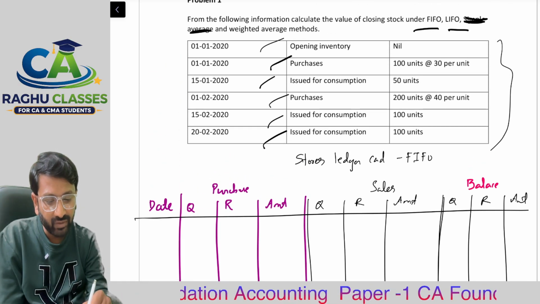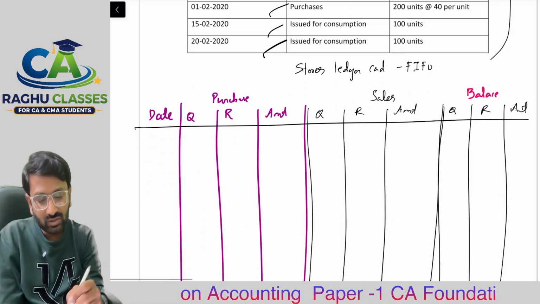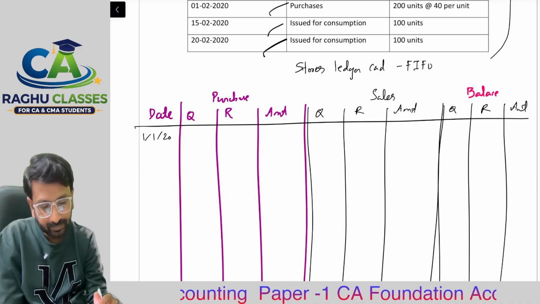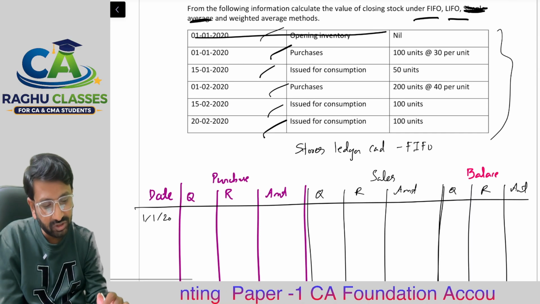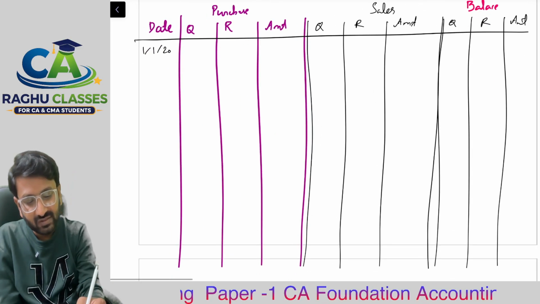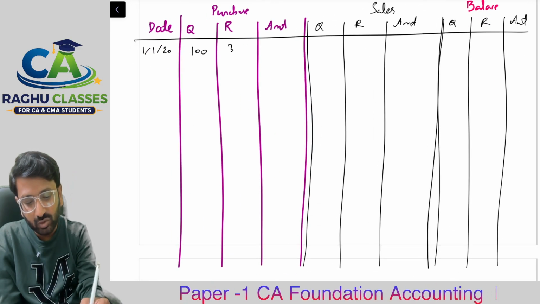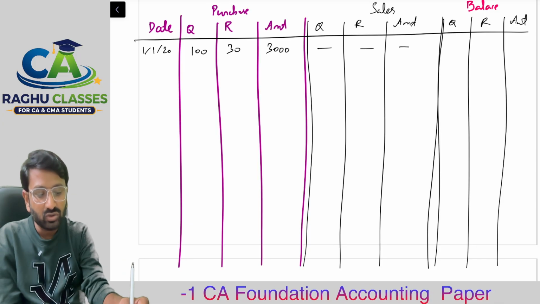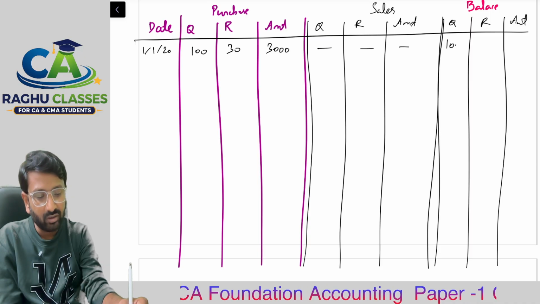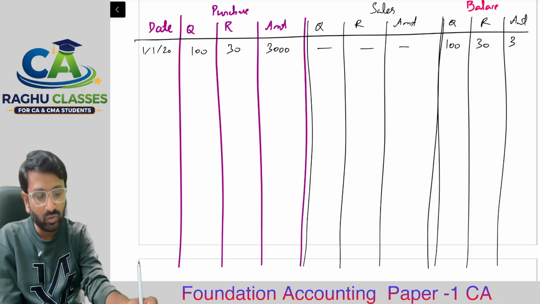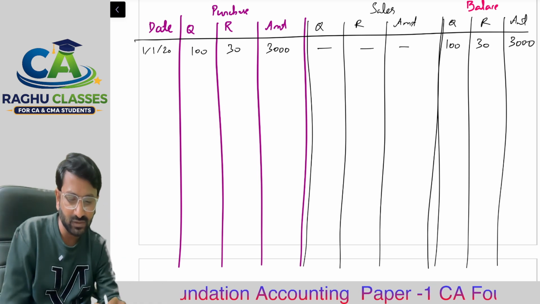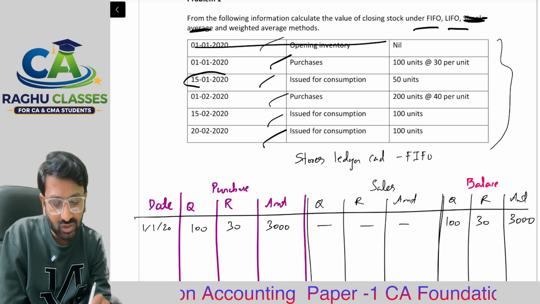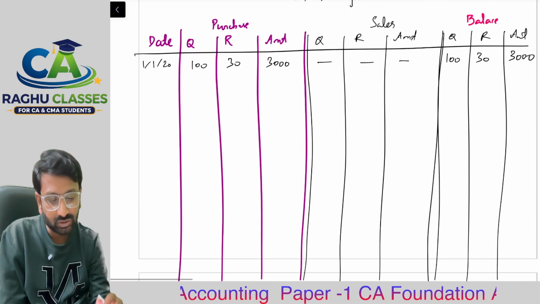Opening stock, we don't have it. Then on 1st of January, there is a purchase. The quantity is 100 units, the rate is 30, so the amount is 3000. Whatever we bought will also come in the balance column: 100, 30, amount 3000. Then on 15th of January, there is an issue for consumption.